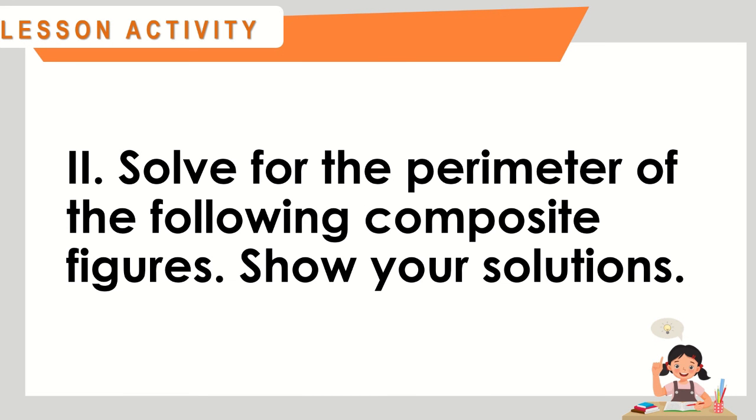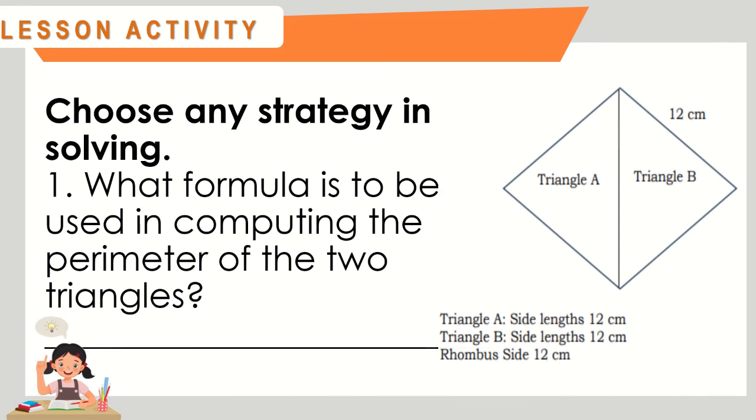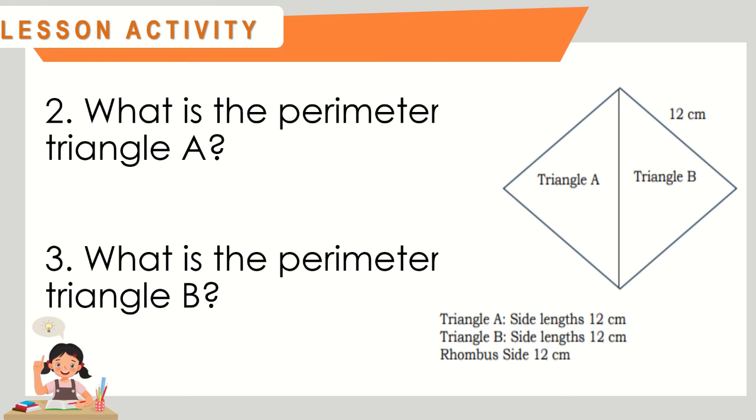Solve for the perimeter of the following composite figures. Show your solutions. Choose any strategy in solving. Number 1. What formula is to be used in computing the perimeter of the two triangles? Number 2. What is the perimeter of triangle A?